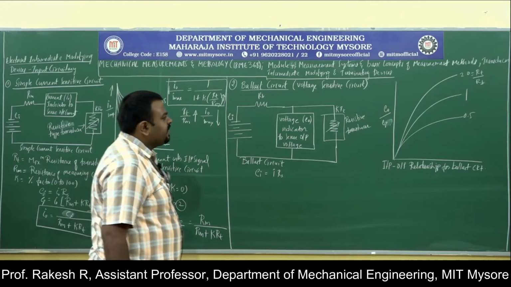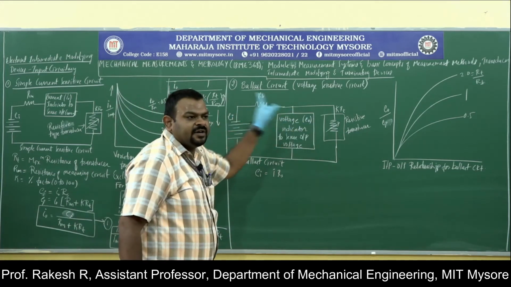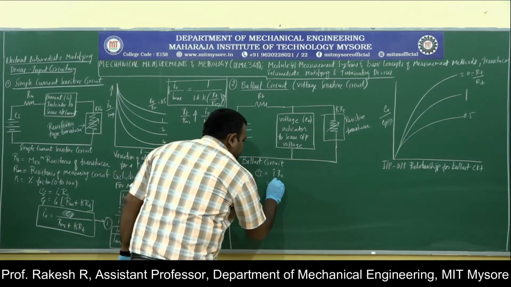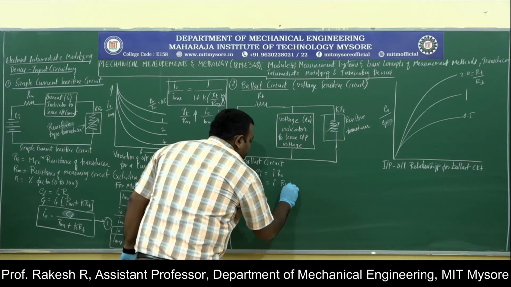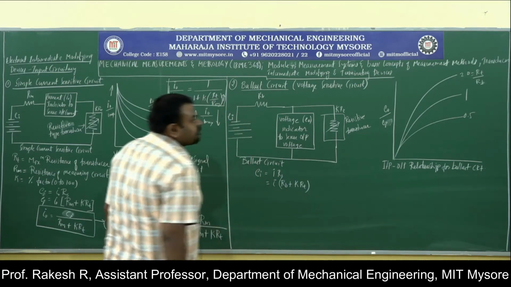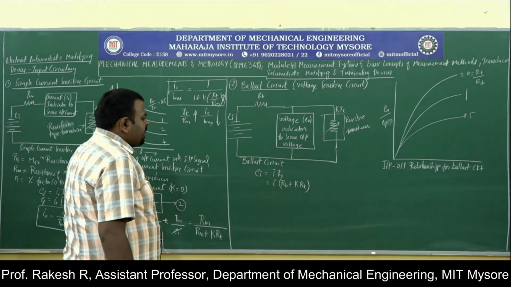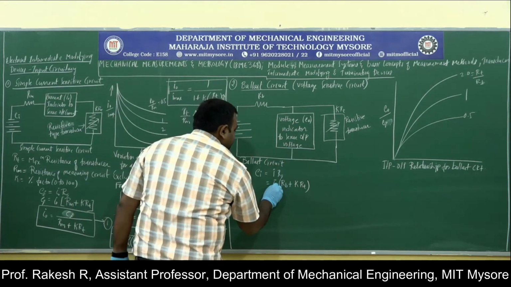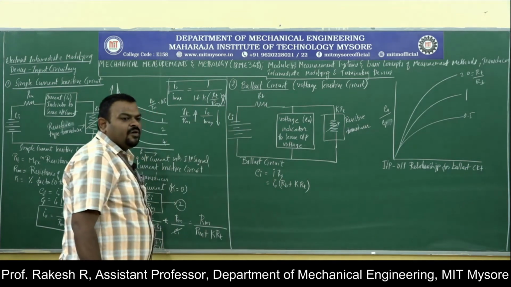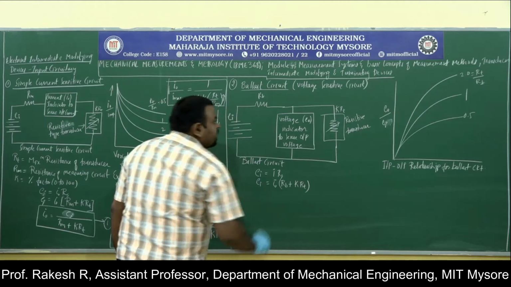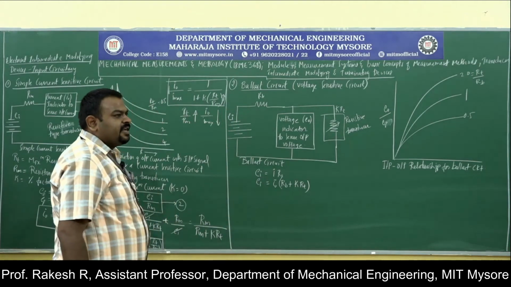So let us see what this RS is. RS is nothing but RB plus K into RT, because those two are in series. So the input is current into RB plus K into RT. And the current we are measuring here is an output current, which is proportional to the output voltage. So this is EI, and I want an expression for E naught.